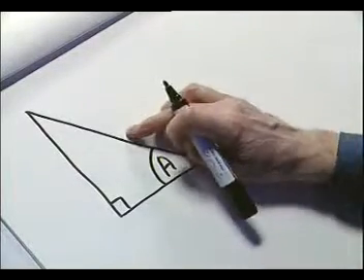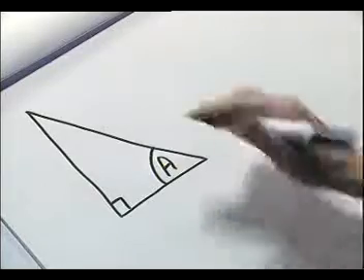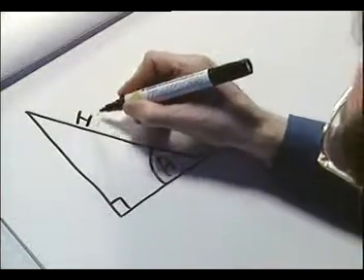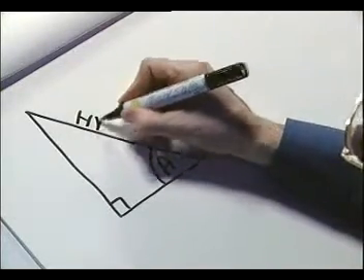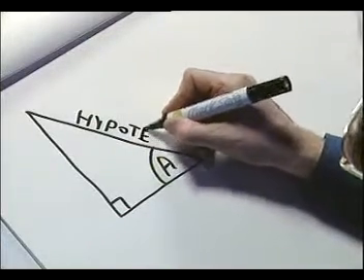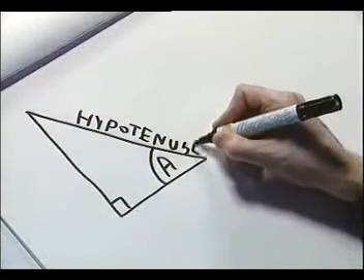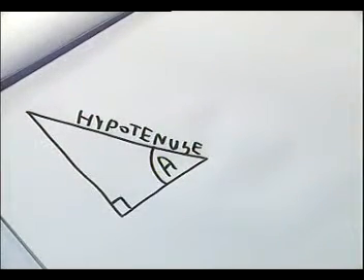The longest side of a right-angled triangle, the one that's opposite to the right angle, is always called the hypotenuse. So there we have the hypotenuse.